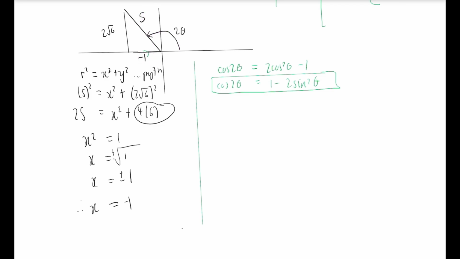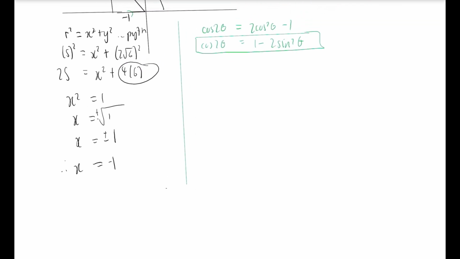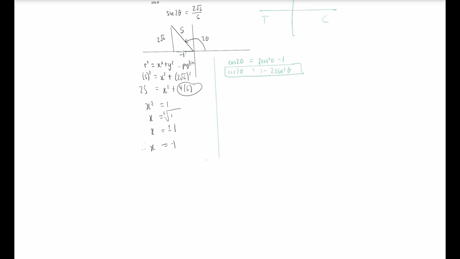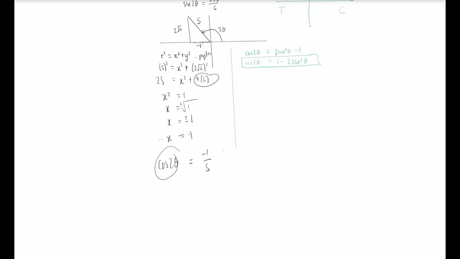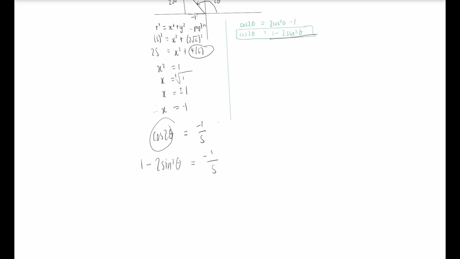Okay, let's continue with our question. Cos 2 theta is going to be equal to -1/5. And you know that cos 2 theta is equal to 1 minus 2 sine squared theta, which is -1/5. Then we're going to simplify.